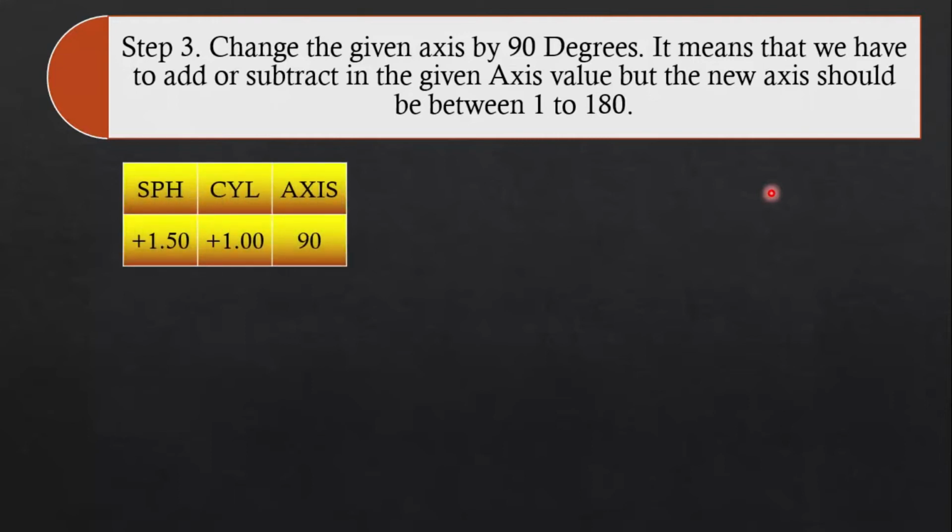Friends, in this step you are thinking, how do we know when we have to add and when we have to subtract? You thought that it's really confusing. Friends, actually, it's very simple and easy, and you don't need to worry. As we mentioned that the value of the new axis should be between 1 to 180, so it's the hint.